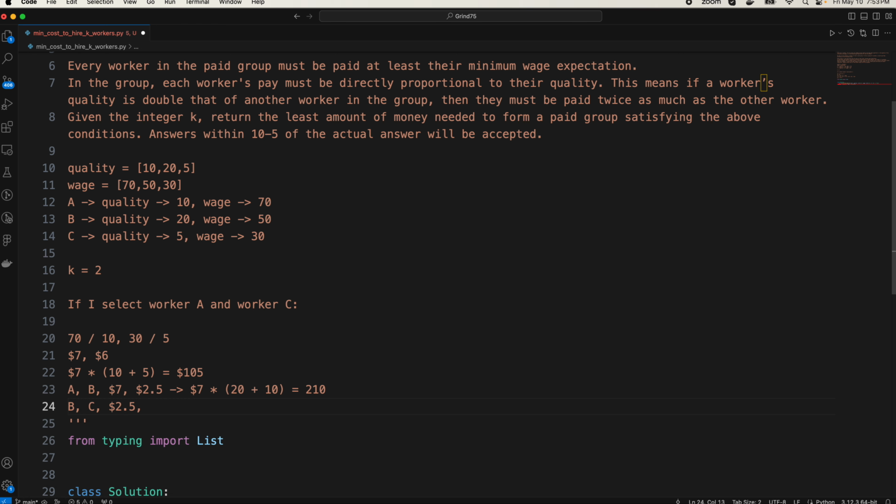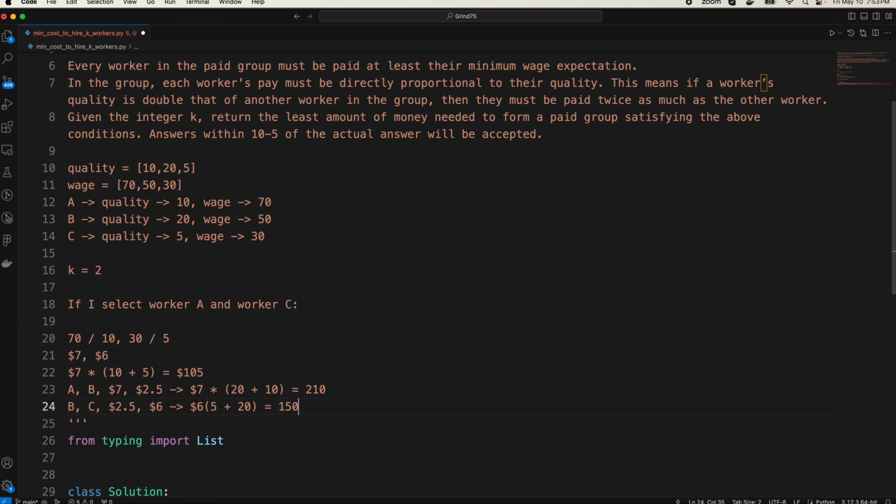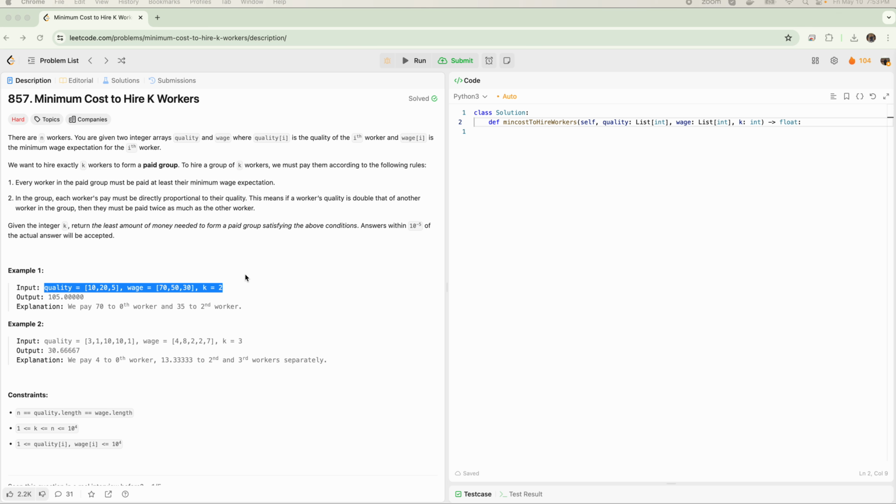So we have to pay a minimum of $6 per unit, and then make it proportional to the quality we have, 5 for C and 20 for B. That gives us 6 times 25, that is 150. Among these three, the minimum is 105, so we return 105 for this example.